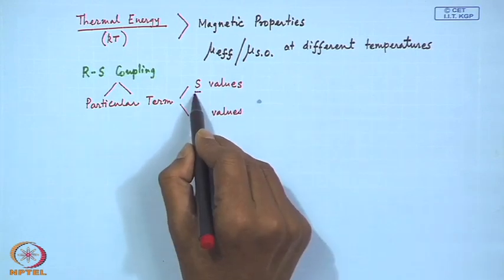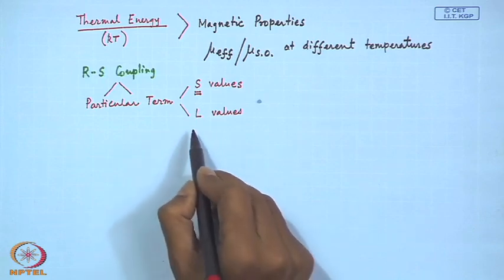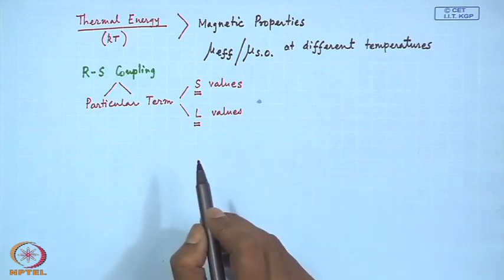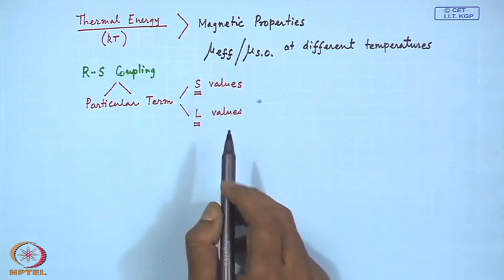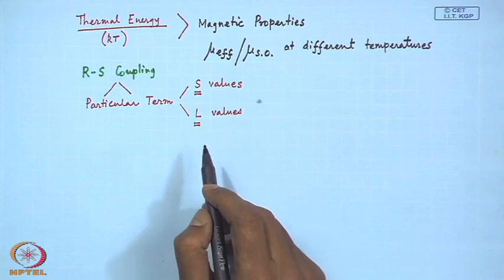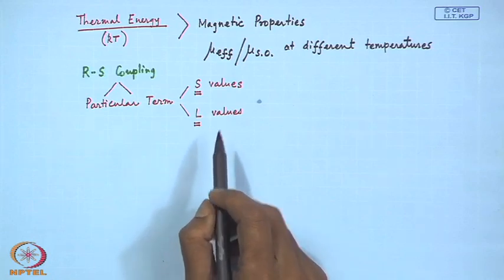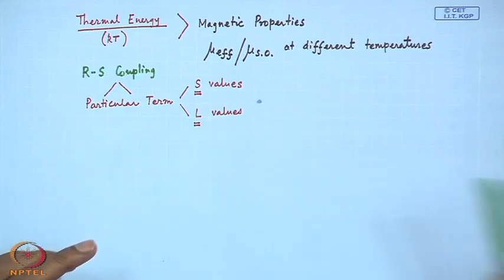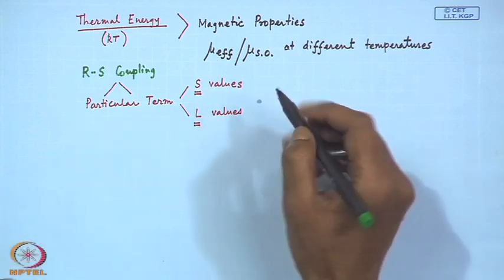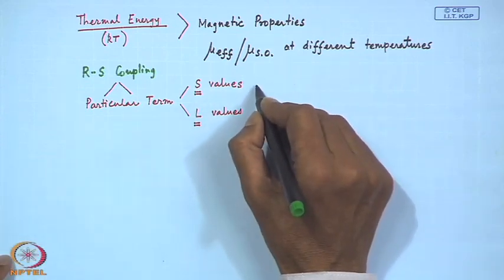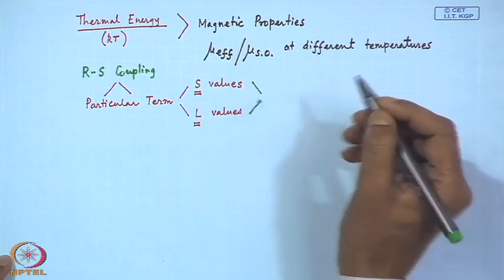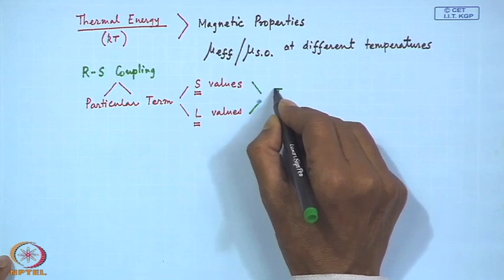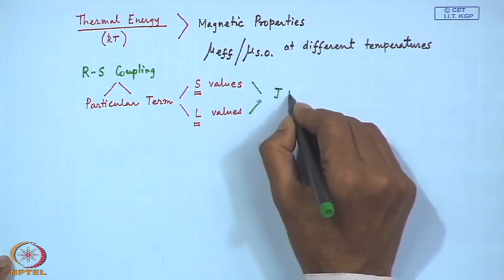The S value is due to the number of unpaired electrons, and the L value is due to the orbital motion or orbital angular momentum, which can contribute to the magnetic moment. So for a particular S value and a particular L value, contributing to the spin magnetic moment and the orbital magnetic moment, through these two L and S values we can have the corresponding coupling scheme, which we can consider as the J values.